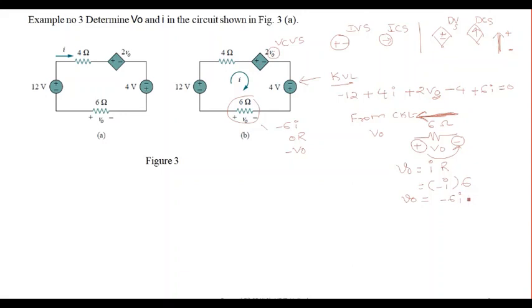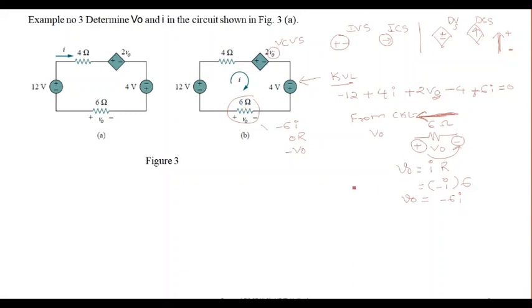So if you solve for this, then you can get the values of I and V0. You substitute this in the equation of the KVL that we have. Here I have written plus because the current is written with respect to the resistor value, voltage, right?